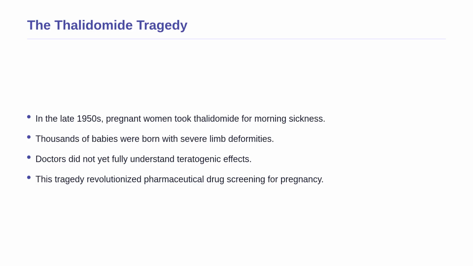Because the medical community did not yet fully understand teratogenesis, thousands of babies were born with severe limb deformities. This heartbreaking event forever changed how we test drugs. Today, the rigorous science of teratogenesis is exactly what allows doctors to safely advise pregnant women on what medications to avoid, preventing countless birth defects.